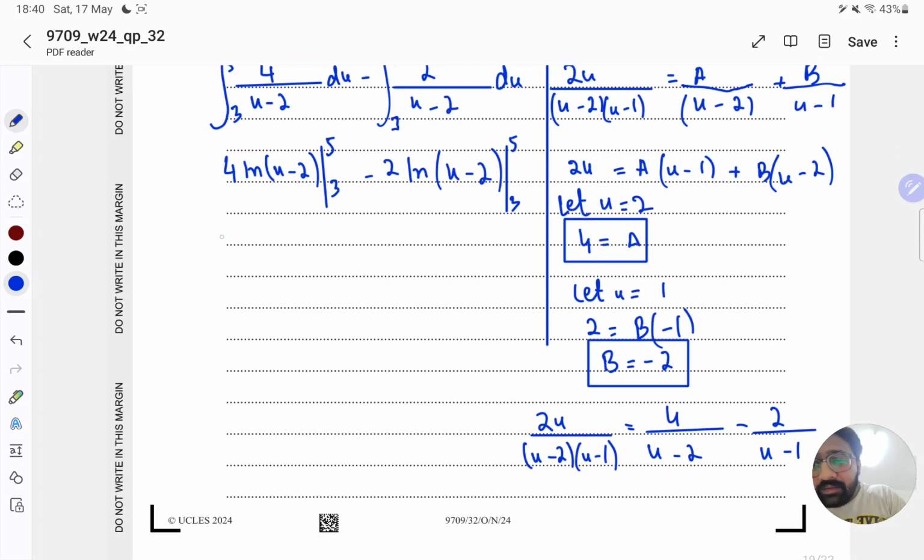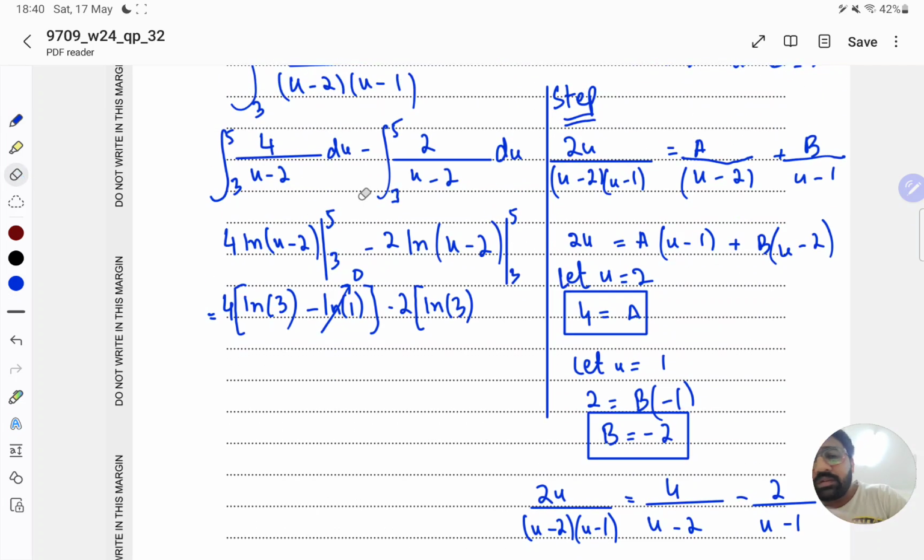So if I put the limits, it will be 4 bracket ln of 5 minus 2 is 3, and minus ln of 1. Ln of 1 is 0, so it will go away. Minus 2, if I put the limits over here, it will be ln of 5 minus 1, which is ln of 4, minus the lower limit, ln of 2.